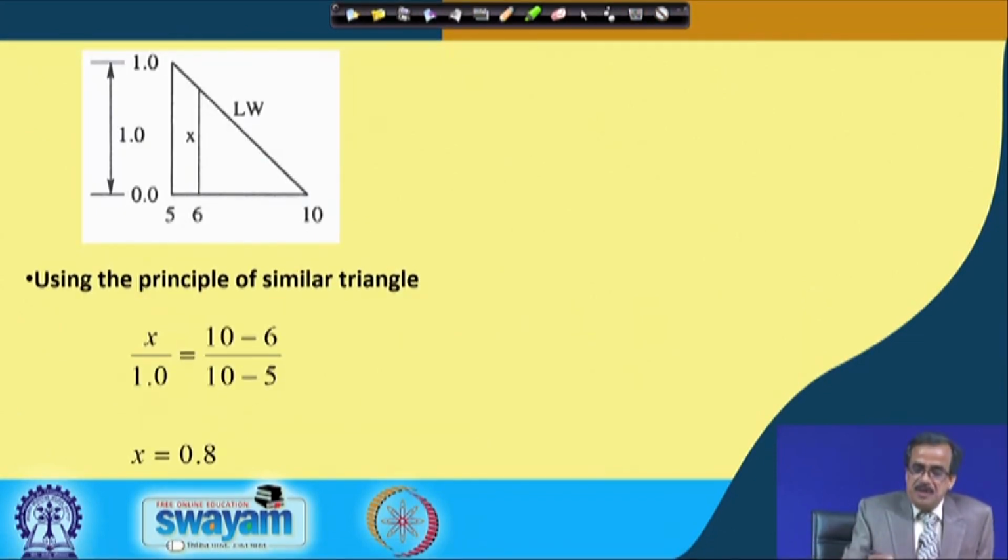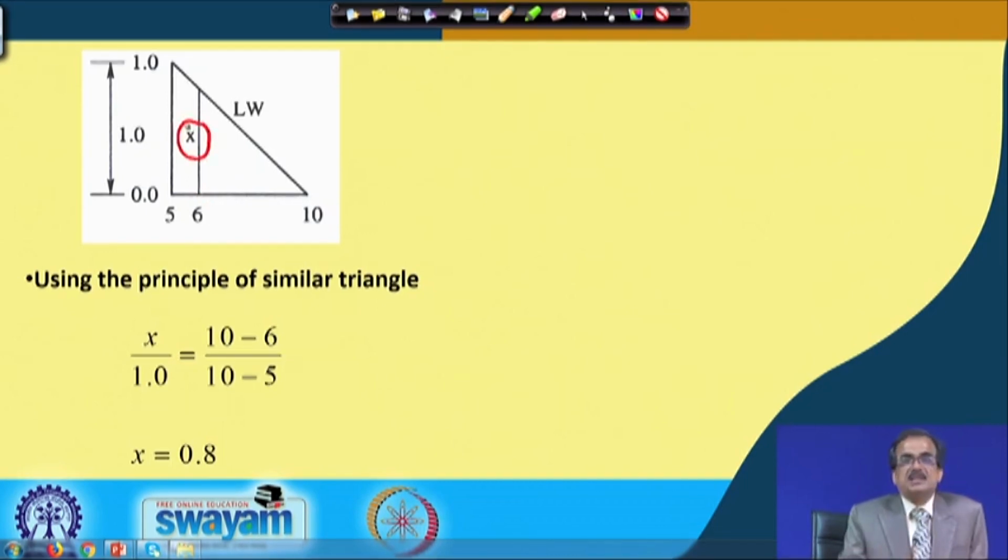Now, if you see, this is the membership function distribution for low. I am just going to show. This particular right angle triangle starts from 5 and ends at 10, and corresponding to this particular 6, I will have to calculate this x.